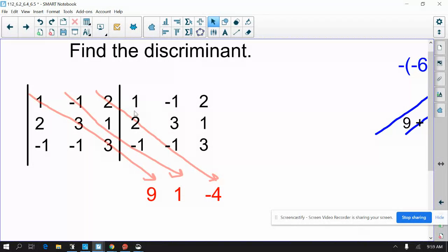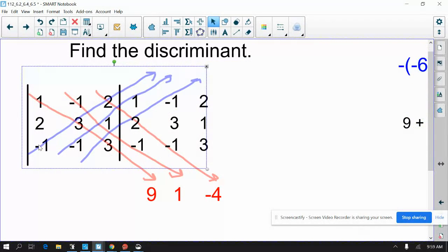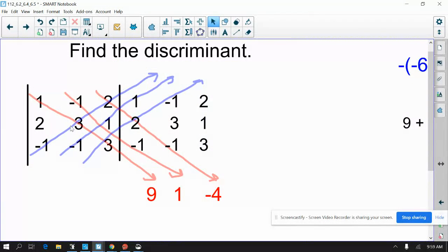And then going upwards. Negative 1, 3, 2 is negative 6. Negative 1, 1, 1 is negative 1. 3, 2, negative 1 makes negative 6. But remember, these three numbers you're subtracting. So when you multiply these three, you get negative 6. You're subtracting negative 6.